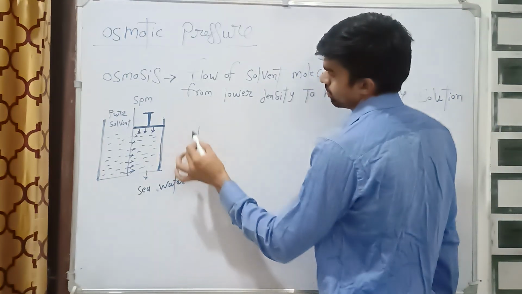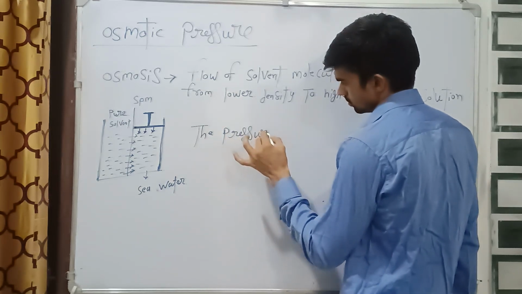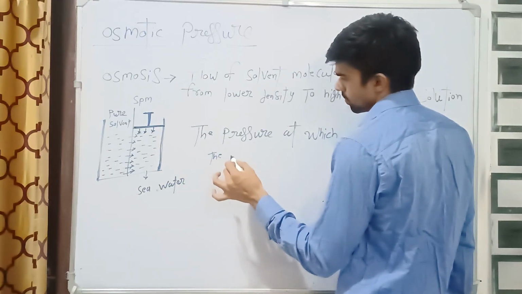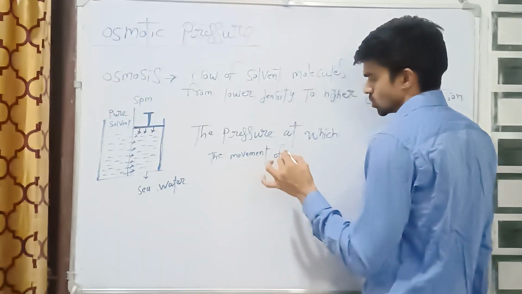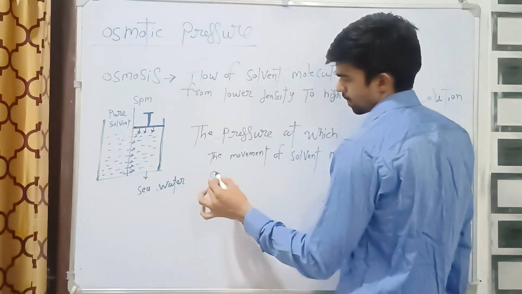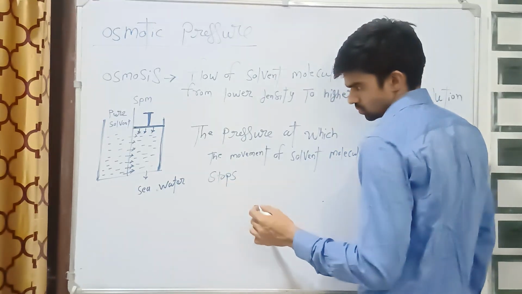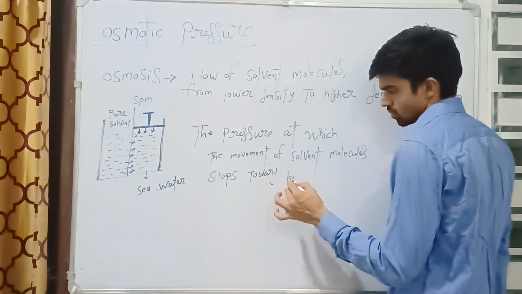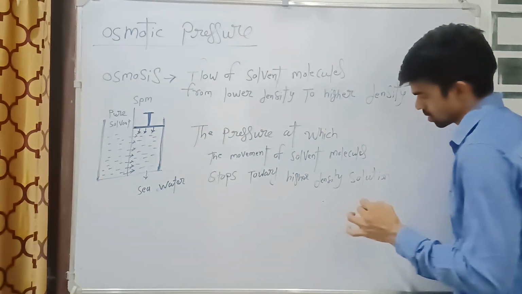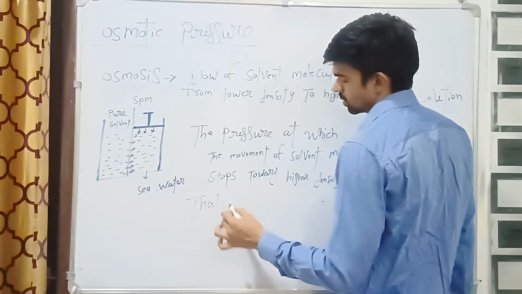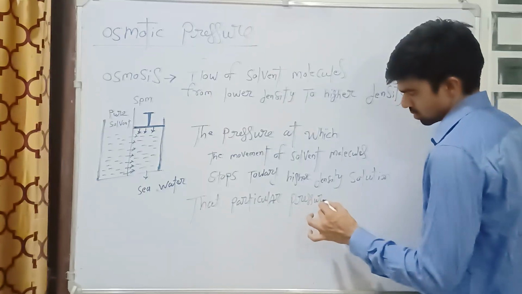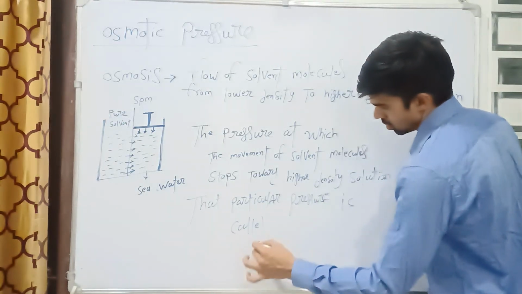So you can write it here, the pressure at which the movement of solvent molecules toward the higher density solution stops is called osmotic pressure.